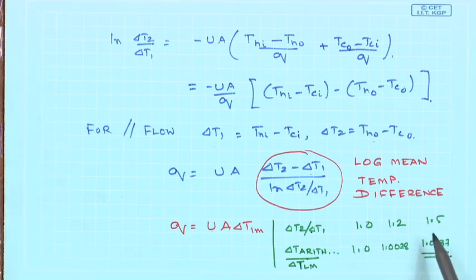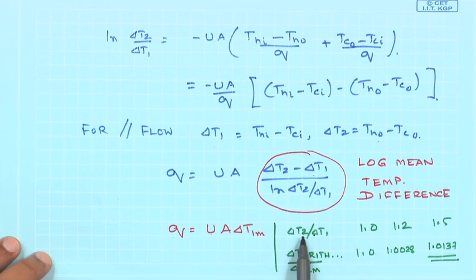So, as long as the ratio of delta T 2 by delta T 1 is within 1.5, it really does not matter if you are using an arithmetic mean or a log mean. But for any temperature ratio delta T 2 by delta T 1 beyond 1.5, it is always advisable to use the log mean temperature difference rather than the simple arithmetic temperature difference between the inlet and the outlet.